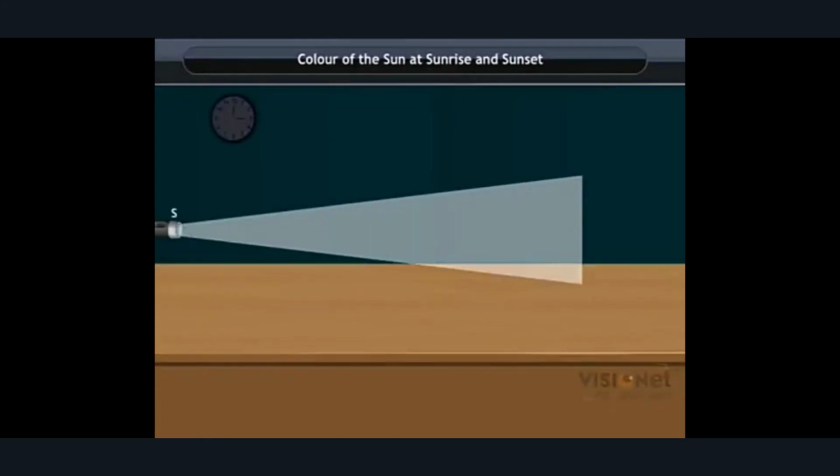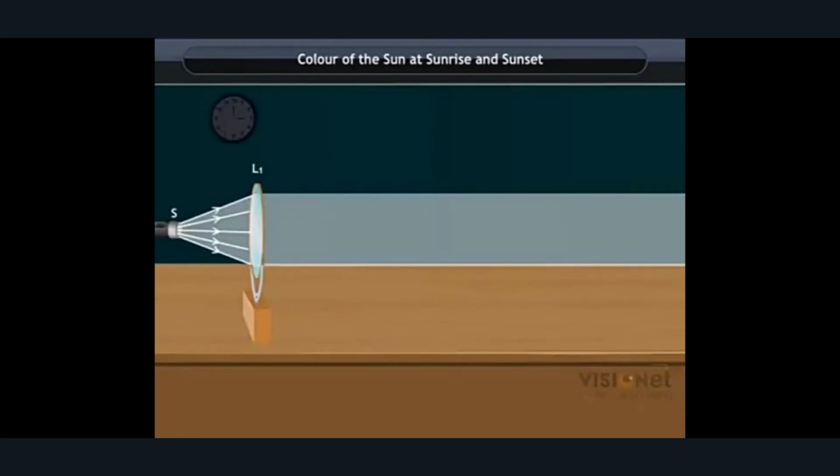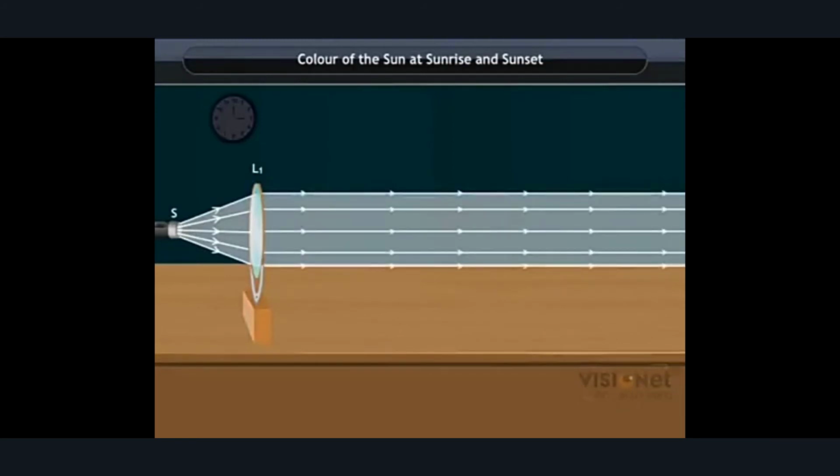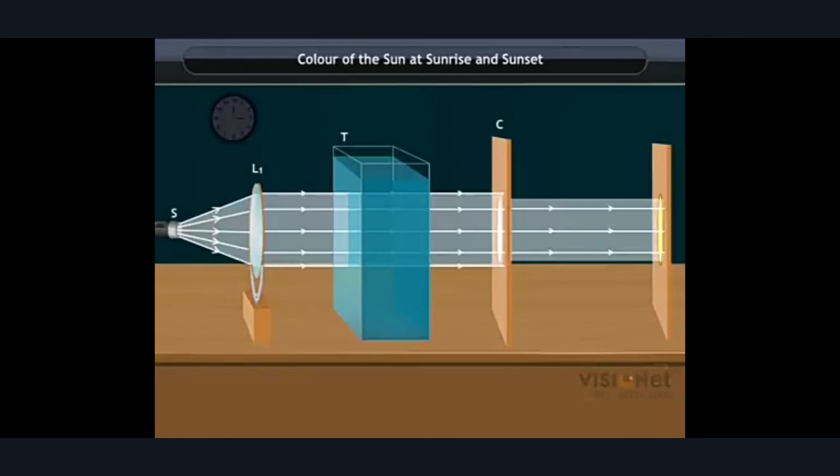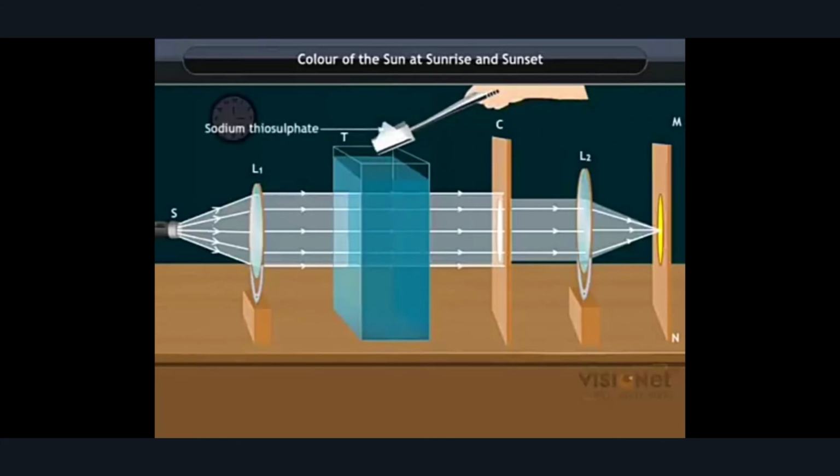Let us see here, when the source of light is visible like this, we place a converging lens L1, which produces a parallel beam of light, and it is placed near the transparent glass tank T. We also place a hole in a quartz sheet near the tank, and the light is produced through the hole onto the screen. When the converging lens L2 is added here, then an image can be formed on the screen.